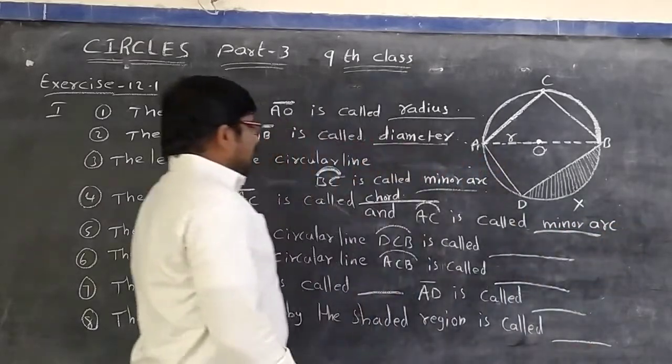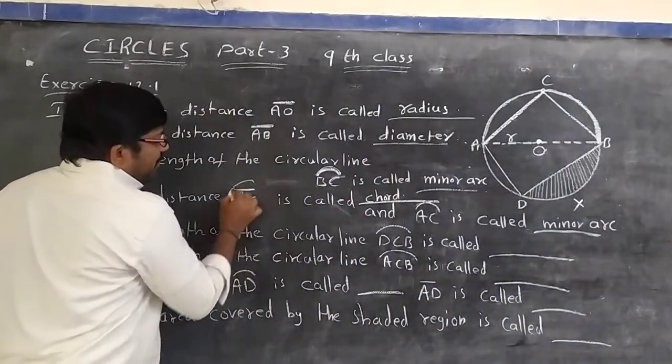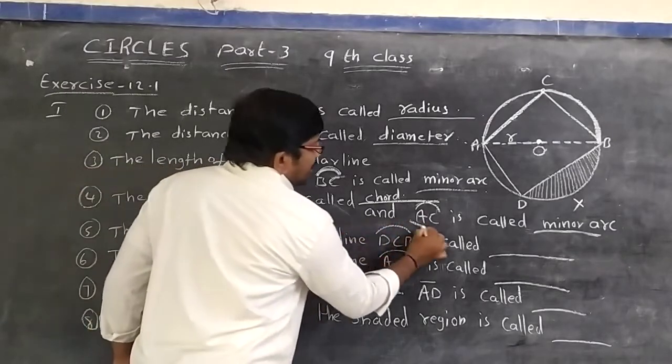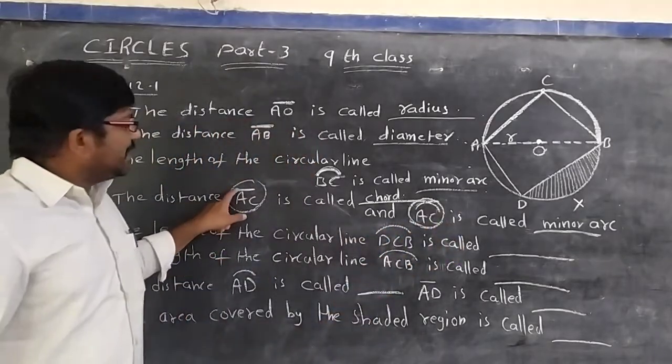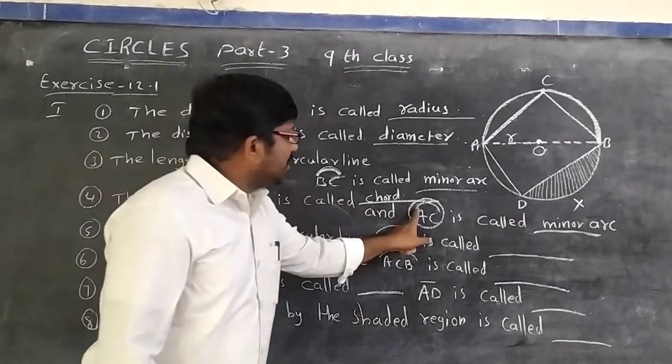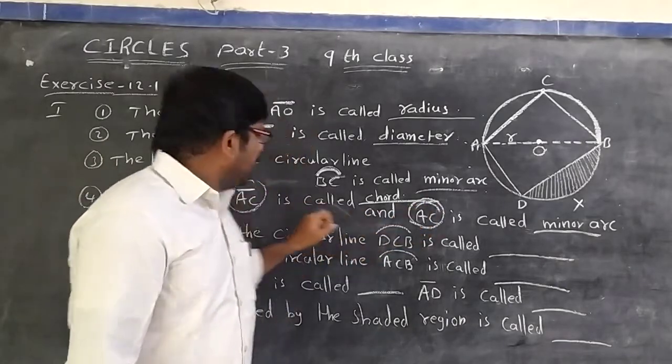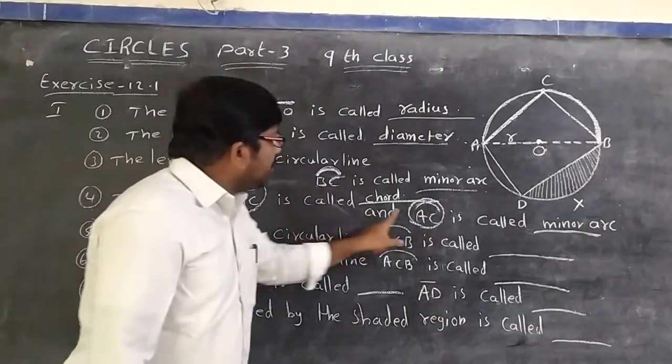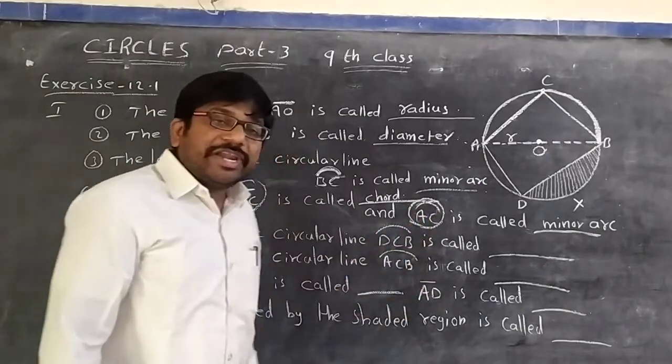So what is the difference between the AC line segment and the AC circular length? One is a line segment, the other is a curved line. So one represents a chord and the other represents an arc.